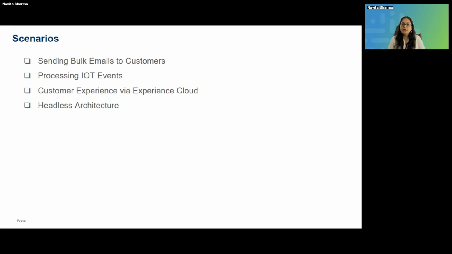Now for those external users or external customers in Salesforce, unless they are users of Salesforce, sending them email is subject to a daily limit in Salesforce. You cannot send more than 5,000 emails per day to external contacts. So if you don't know that limit, you possibly may build that solution on Salesforce itself.